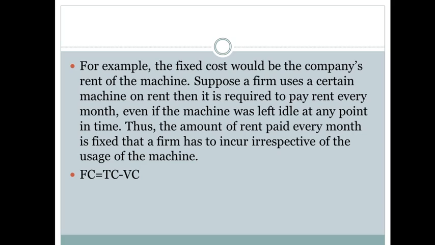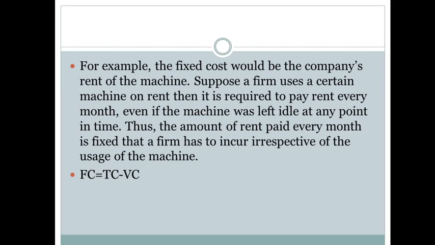Suppose a firm uses a certain machine on rent, then it is required to pay rent every month, even if the machine is left idle at any point of time. Even if the machine is only kept without any work, the rent is to be paid.